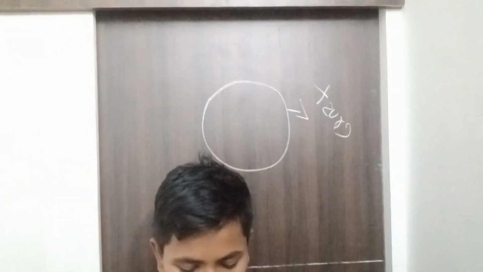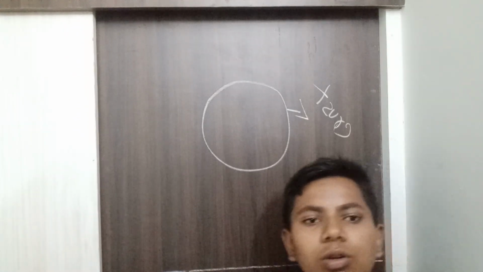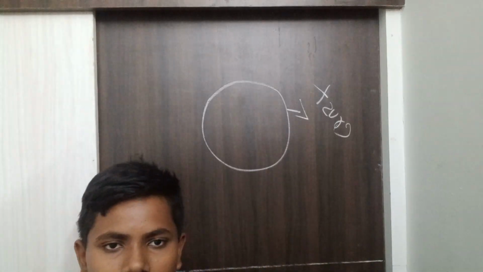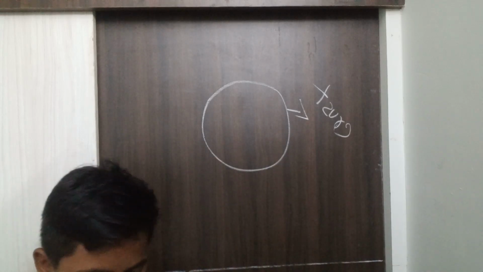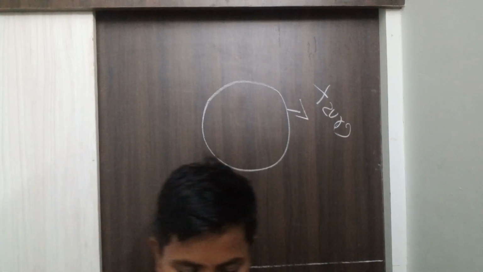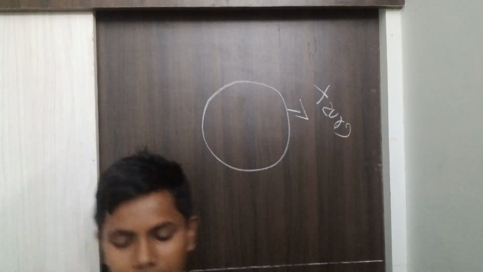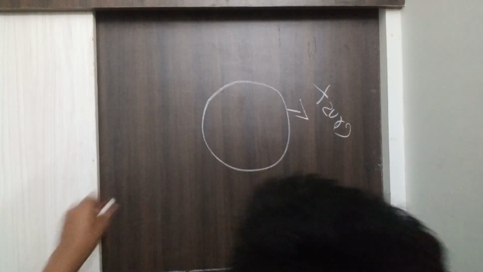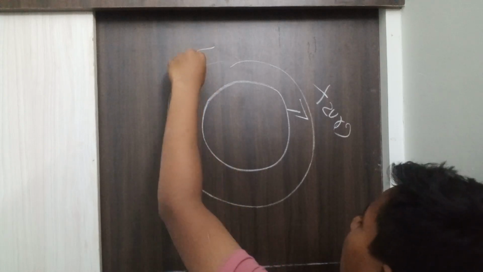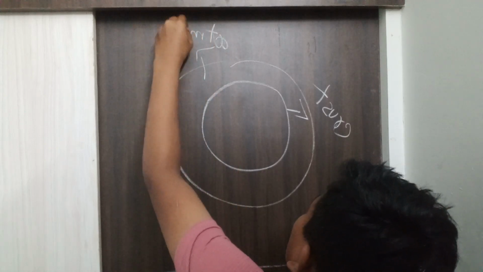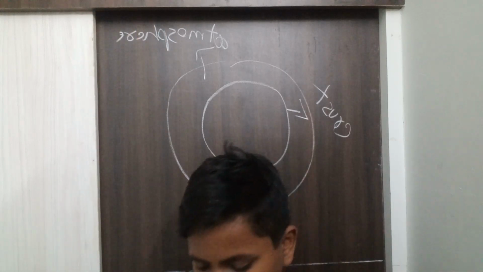Hydrosphere means the oceans, seas, lakes; all the water bodies are called hydrosphere. Extending upwards, the earth is enveloped by a blanket of gases which make up the atmosphere. This blanket is called the atmosphere.